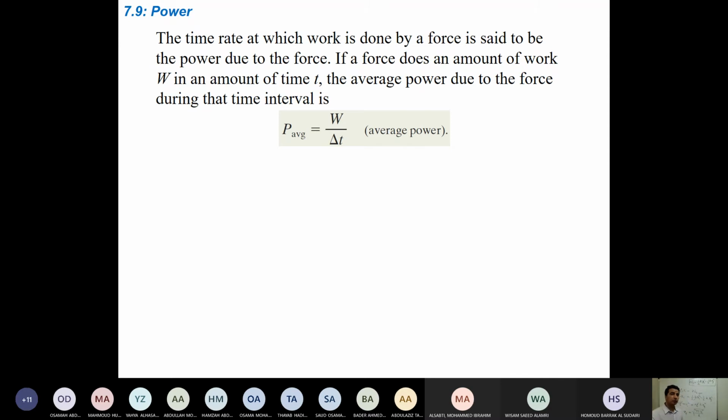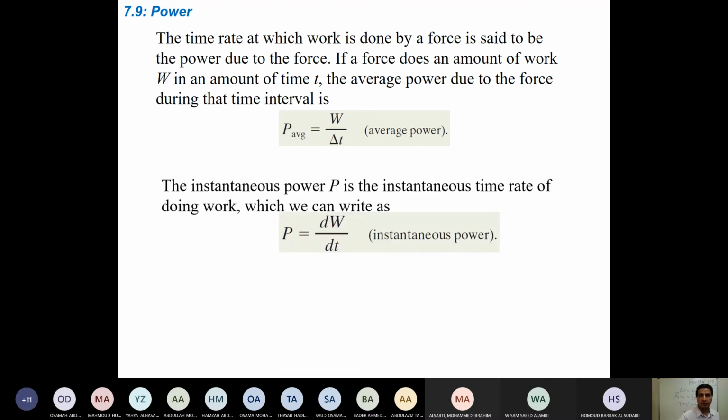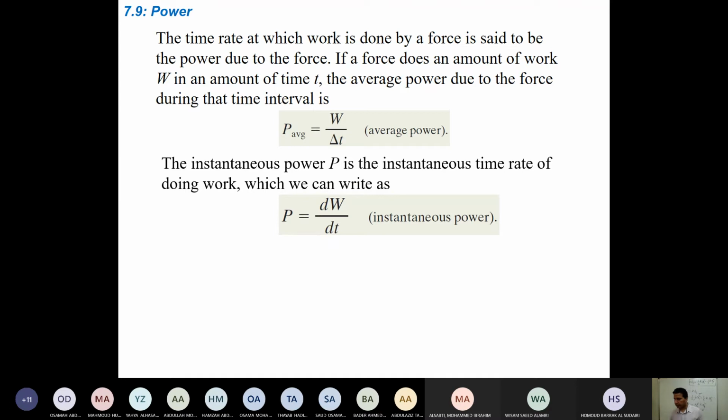Okay, so the power is the work divided by time interval. So this is the average power, but most of the time we are concerned about the instantaneous power, like the average acceleration and instantaneous acceleration. So we change the delta to the derivative for the instantaneous, because the time interval which we consider is extremely small.